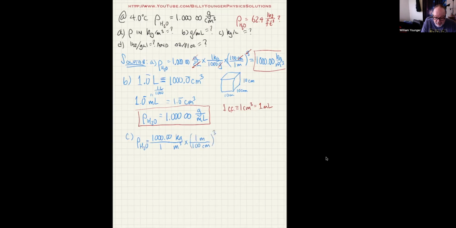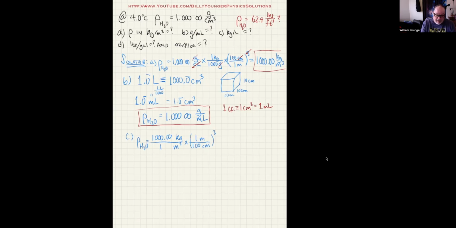So really what I'm doing is I'm taking 1,000 and I'm dividing it by 100 to the 3rd power. 100 is 10 to the 2 power, and then 100 to the 3rd power is 10 to the 2 raised to the 3 power, which is 10 to the 6 power. 1,000 is 10 to the 3rd power, so 10 to the 3rd divided by 10 to the 6 would be 10 to the -3.